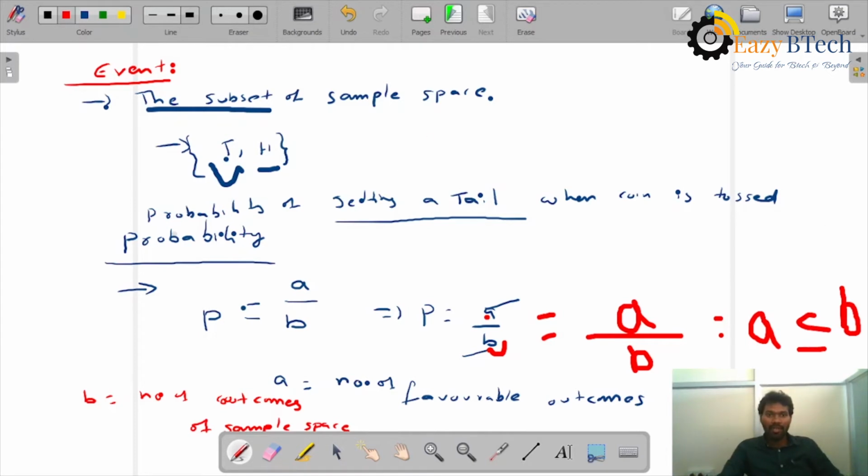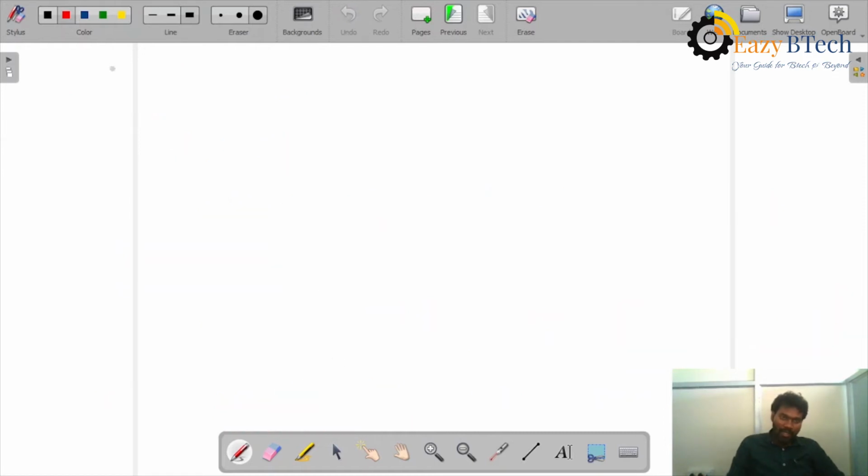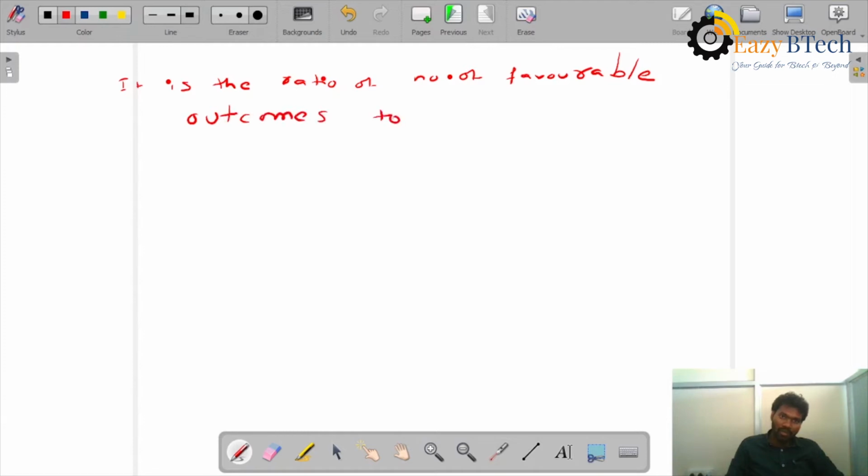So the definition of probability, I am writing again: the probability is defined as the ratio of the number of favorable outcomes to the total number of outcomes.